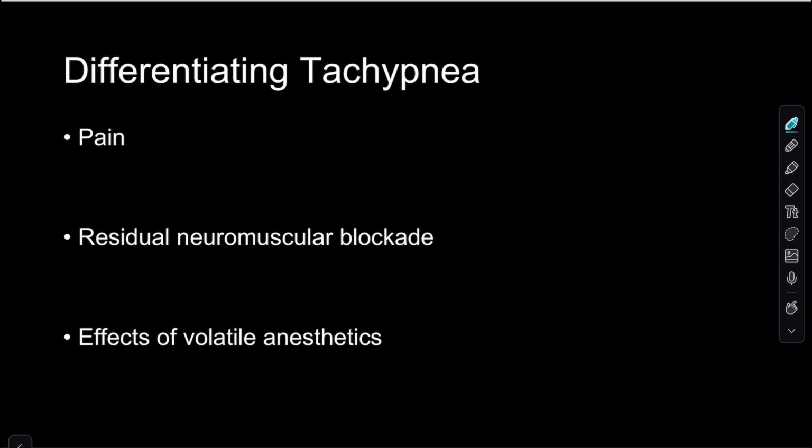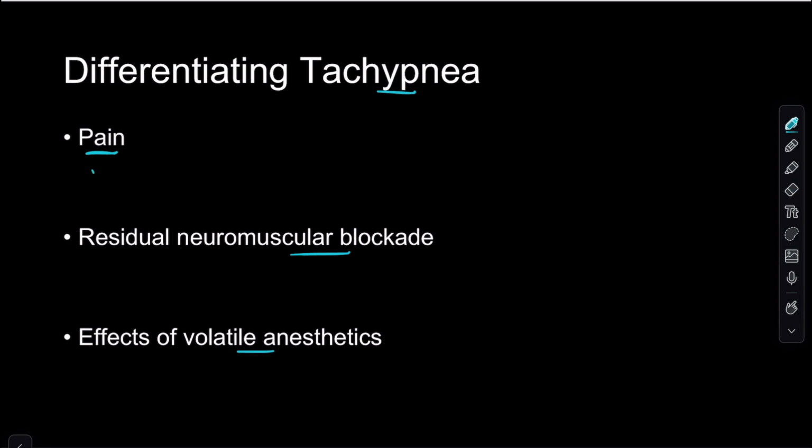So the last idea that we're going to discuss is differentiating tachypnea due to pain, residual neuromuscular blockade, or the effect of volatile anesthetics. The situation that our workbook presents is a patient who is about to be extubated, but they're tachypneic, and you're wondering what's causing their tachypnea.